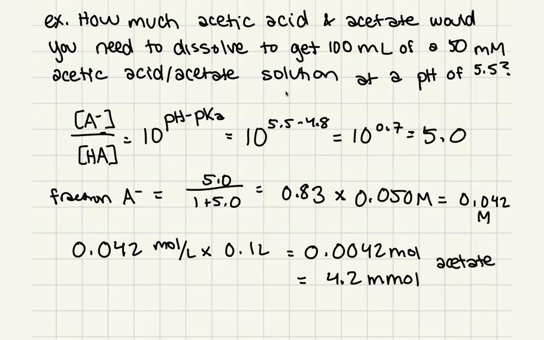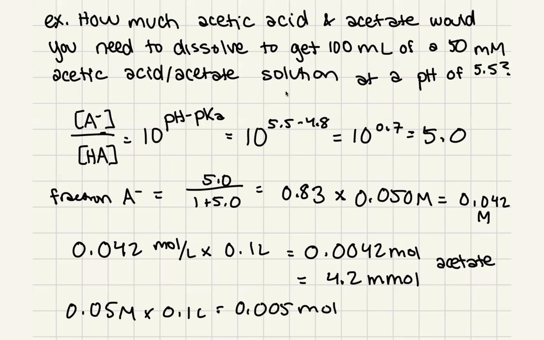And what about our acetic acid? Well, there are a couple of different ways that you could go about doing this. One way is to figure out the total number of moles, and then subtract. So we have 0.05 molar times 0.1 liter, which will give us the total moles, 0.005 moles.